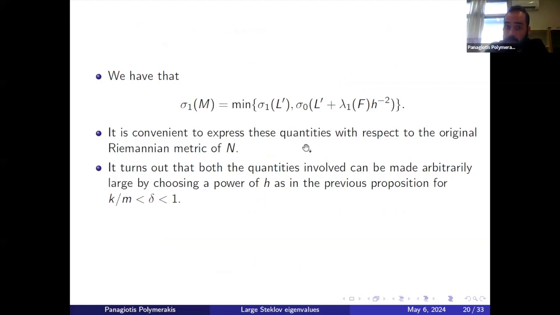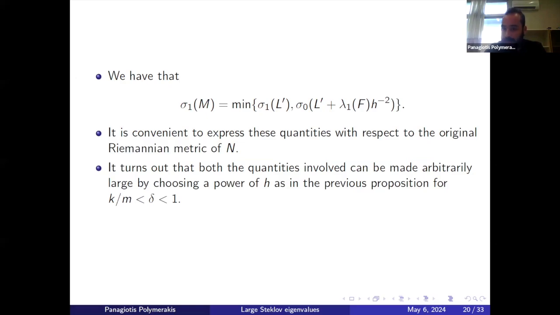We express these quantities with respect to the original Riemannian metric of N, where we have the cylindrical neighborhood, so we can apply the previous proposition. And from the previous proposition, we know how to make the first quantity arbitrarily large. And it turns out that in order to make the second one also arbitrarily large, we need to choose the parameter delta from the previous proposition less than 1 and greater than the quotient of the dimensions of the factors.